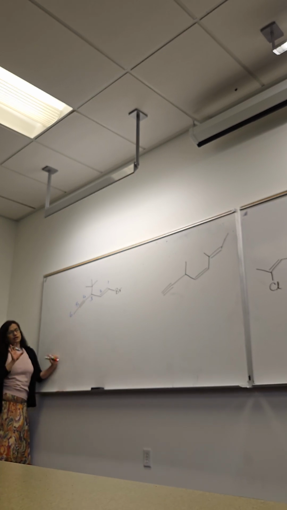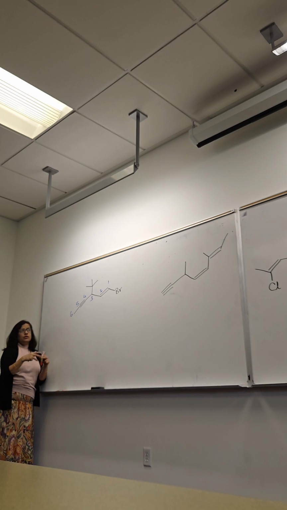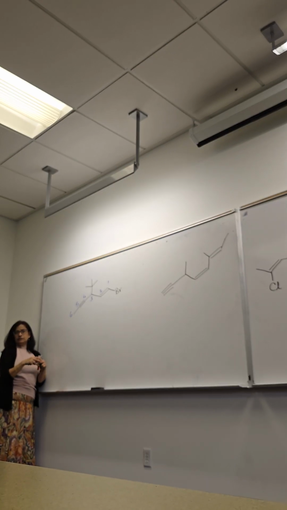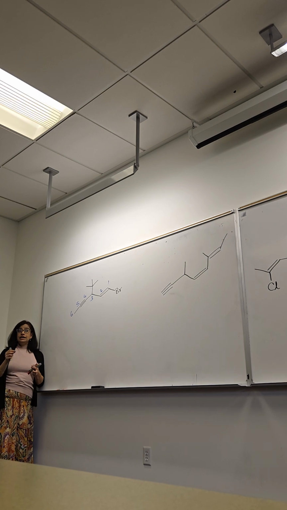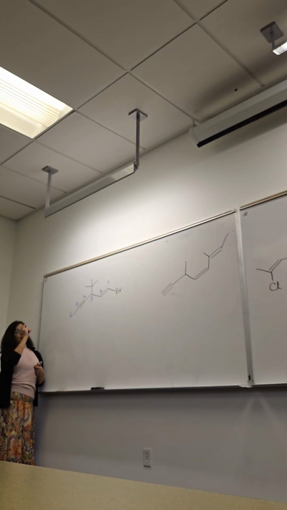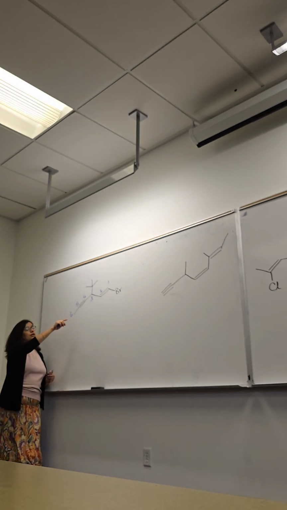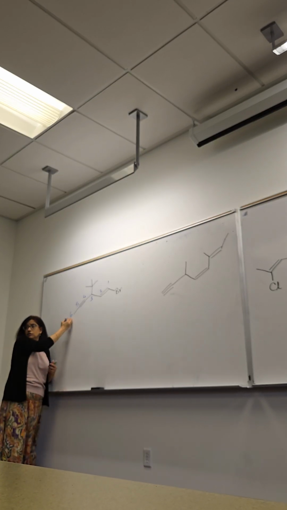Both triple and double bonds are part of that parent in this case. Numbering to get the smallest combination for both ene and yne if possible. So that's why I started numbering from that end, as opposed to starting from here. We all agree?